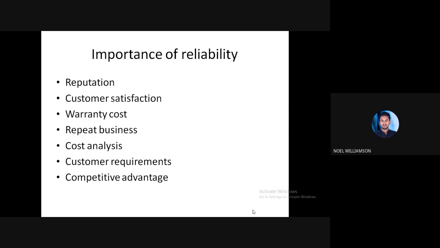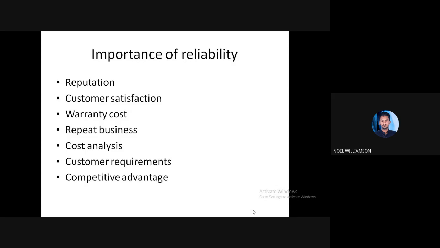But when we incorporate the reliability data, even if the production cost or any other cost is high, if our product is reliable, then we can avoid other costs, that is repair cost, warranty cost, replacement cost and all.